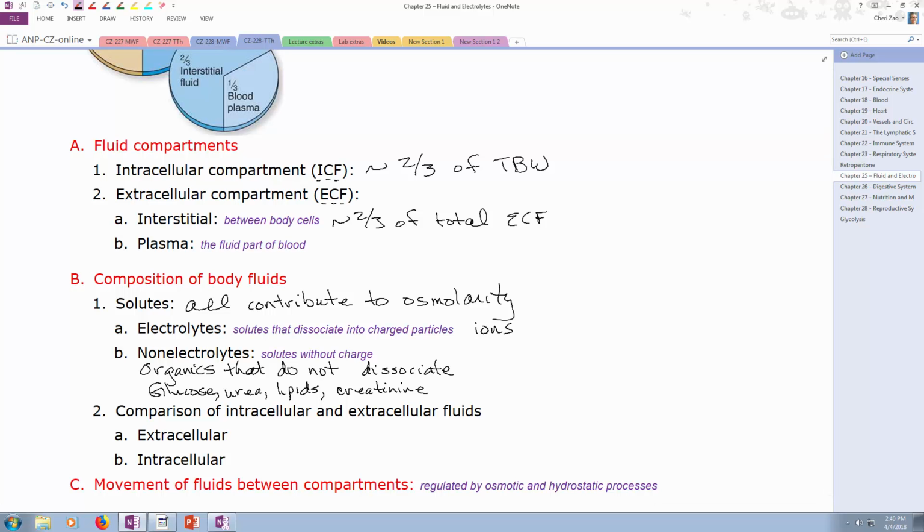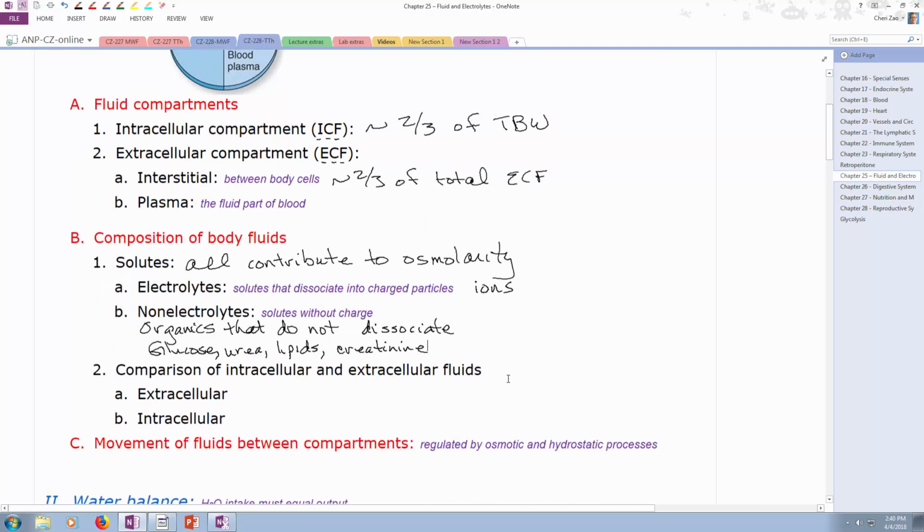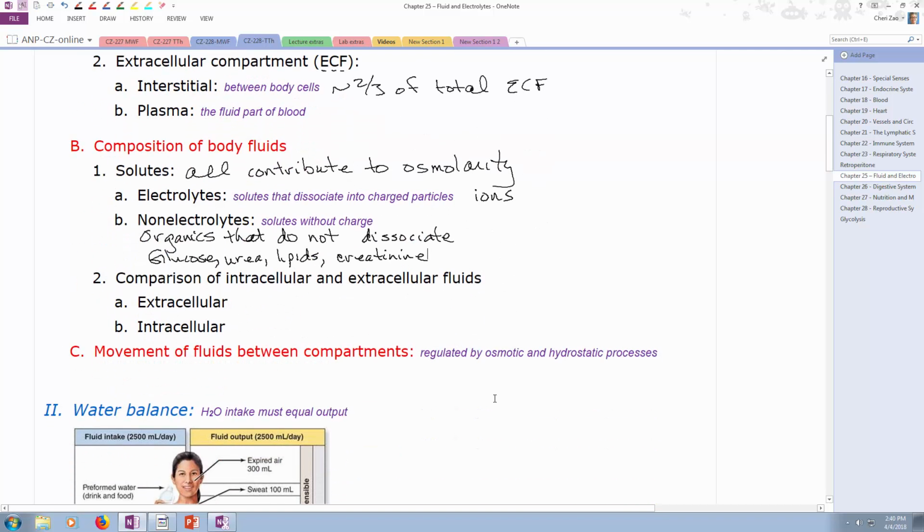Now let's take a look at some of the intracellular and extracellular fluids, and more specifically the ions that play a predominant role in our solutes of our fluids. So extracellularly, the main ion that is the cation is sodium. So cations have a positive charge, and the main anion is chloride. So anions have a negative charge.